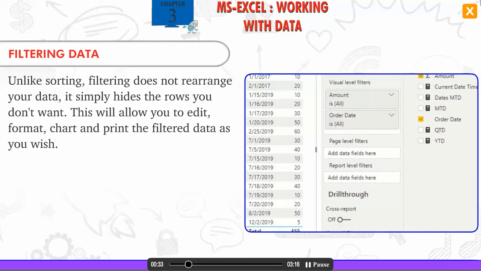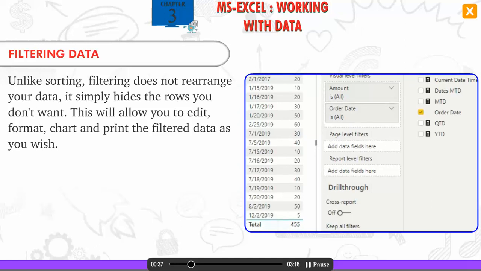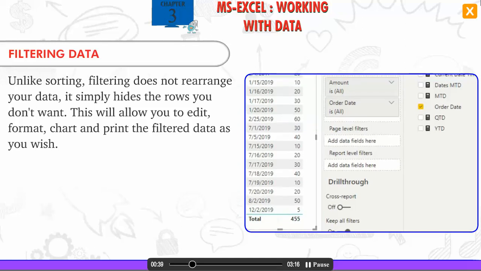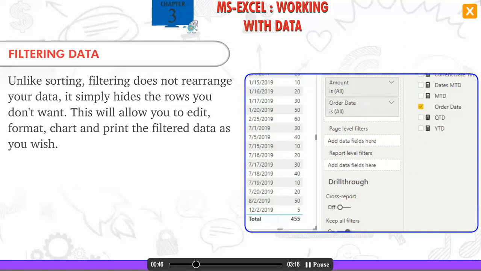Unlike sorting, filtering does not rearrange your data, it simply hides the rows you don't want. This will allow you to edit, format, chart and print the filtered data as you wish.